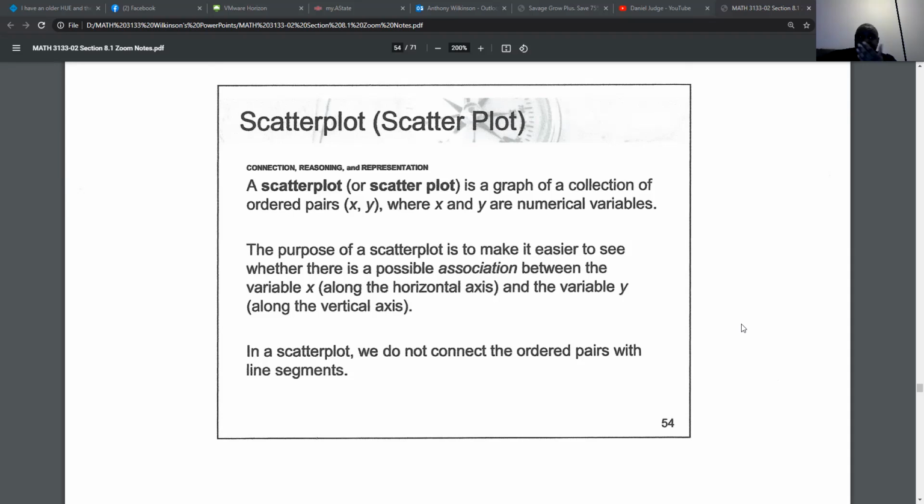The purpose of a scatter plot is to make it easier to see whether there is a possible association between the variable x along the x-axis and the variable y along the vertical axis. In a scatter plot, it's just points that are scattered. We don't connect the ordered pairs with line segments. It's just dots on a coordinate plane. That's all it is.